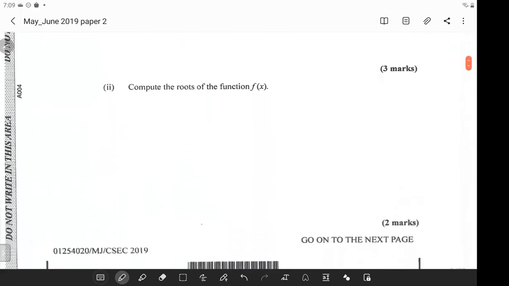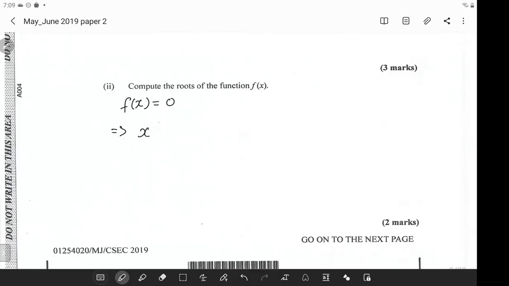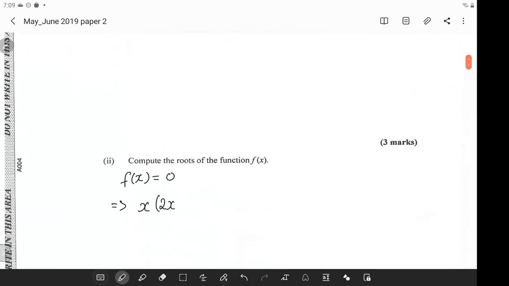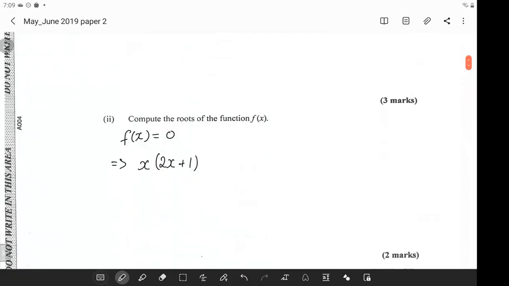Part 2 says compute the roots of the function f of x. So the roots occur when f of x is equal to 0. That's f of x equals 0, which would imply that we have x times 2x plus 1 times x plus 3 equals 0.